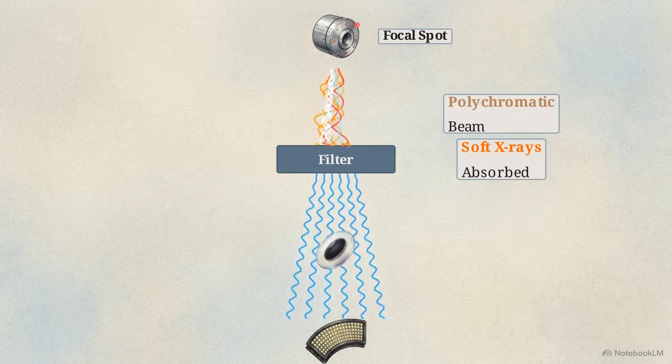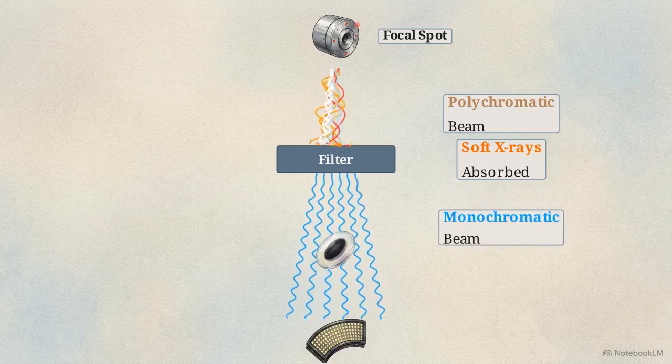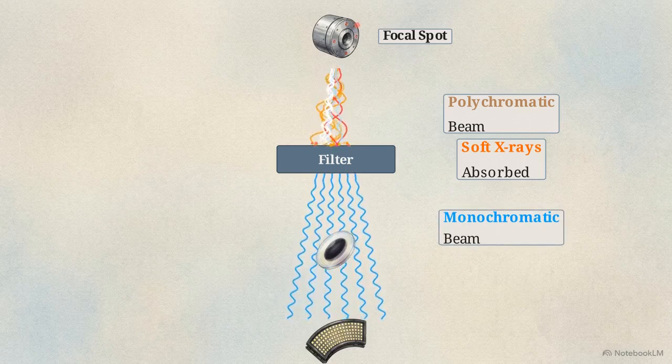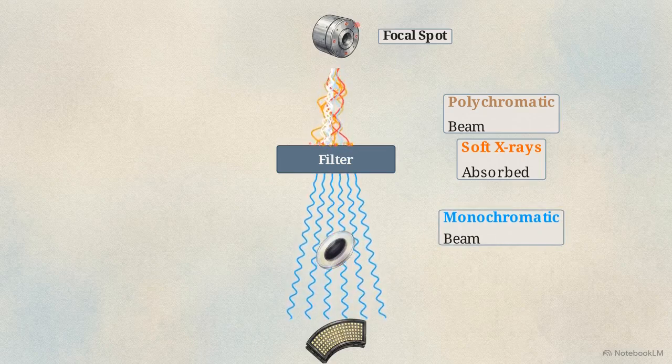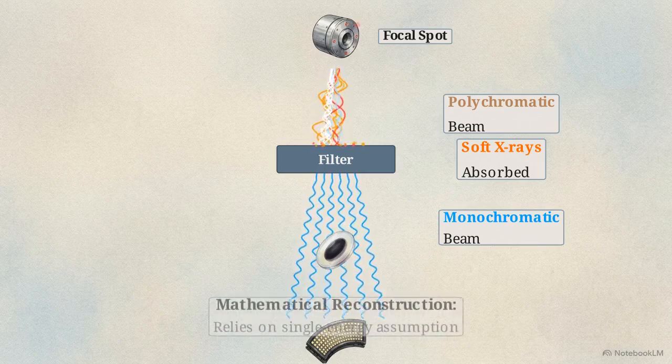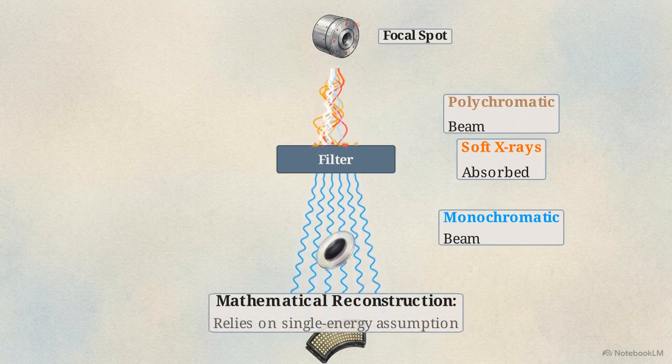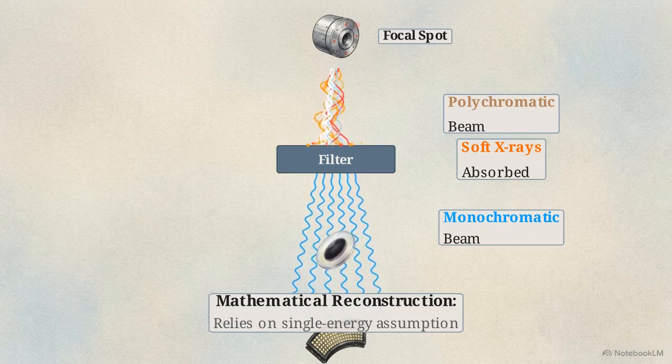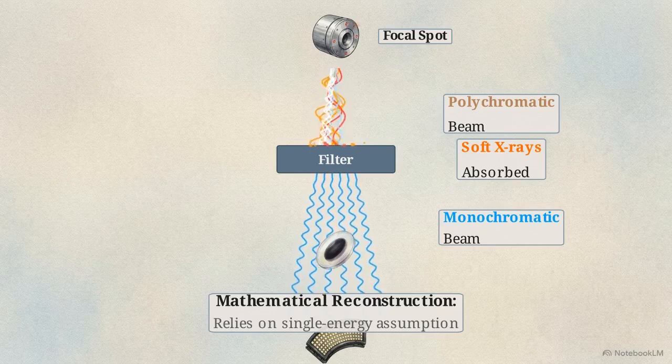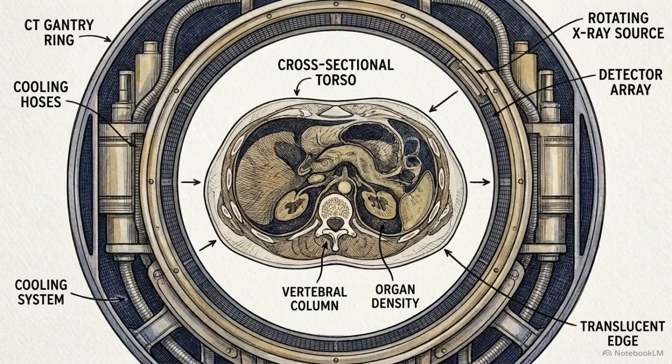By stripping away those lower energies, the filter artificially narrows the spectrum, creating a more uniform, monochromatic beam. The mathematical algorithms that reconstruct CT images rely entirely on this assumption of a single energy beam to calculate tissue density accurately.